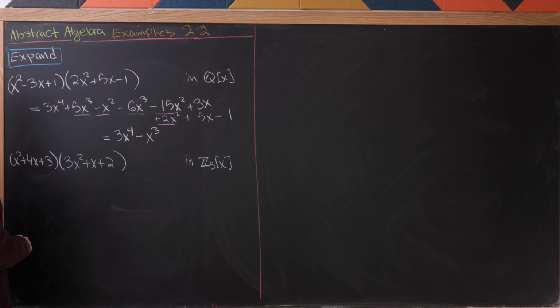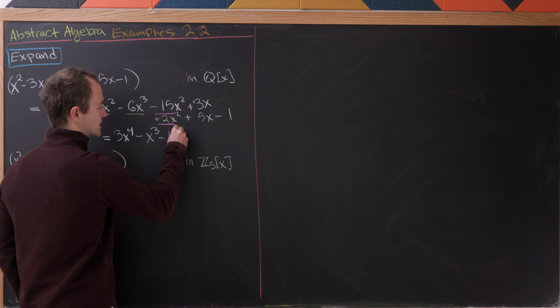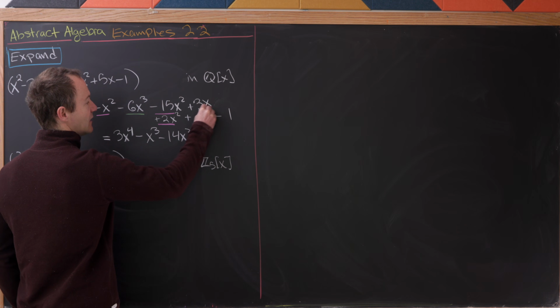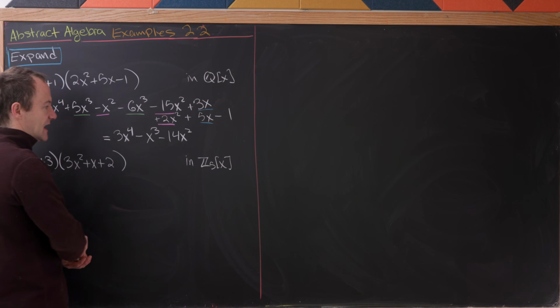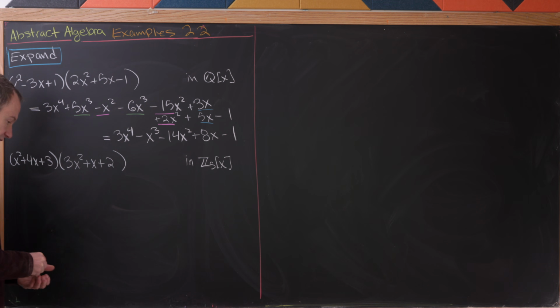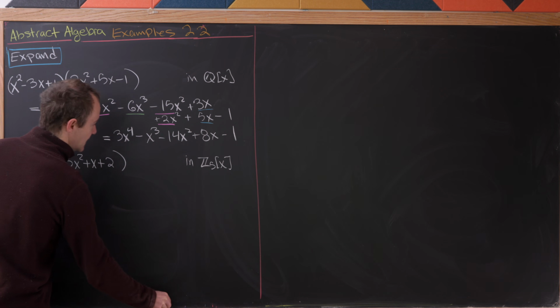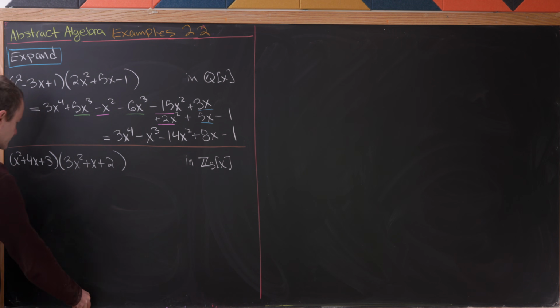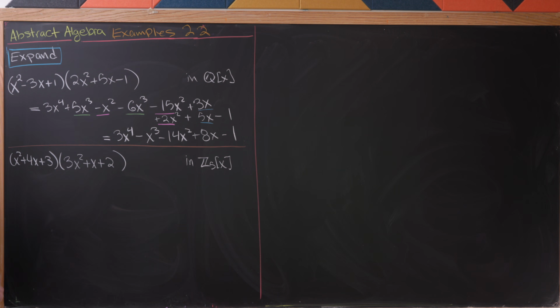Those will combine together to be negative 14x squared. And then we have 2x terms. That will give us an 8x. And then a single constant term, that'll give us minus 1. So in the end, that's our product. It's that quartic polynomial. Okay, nice.